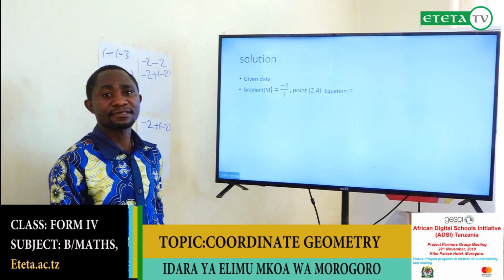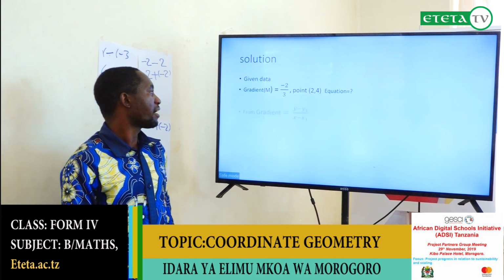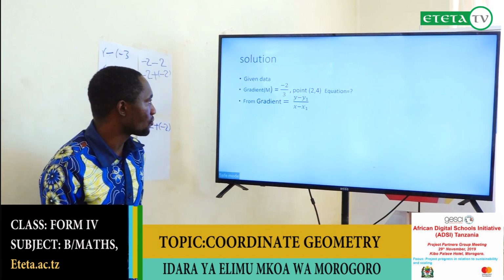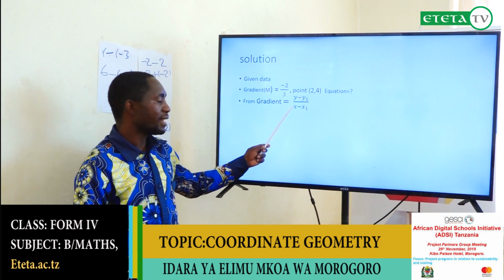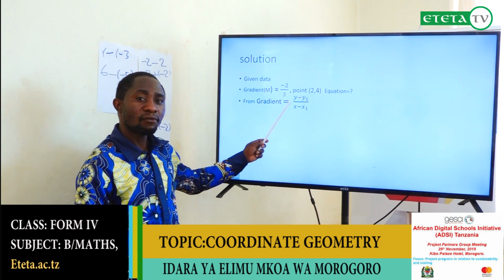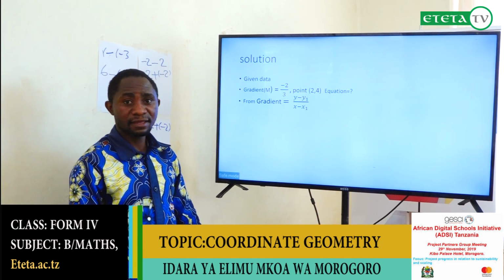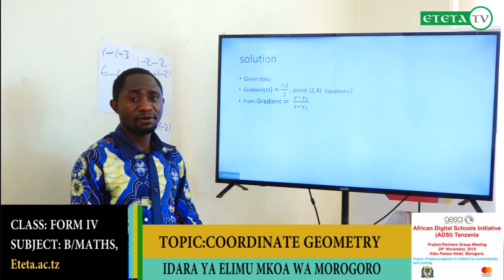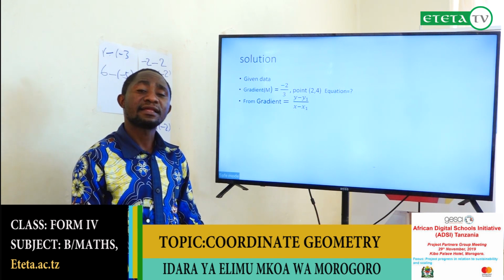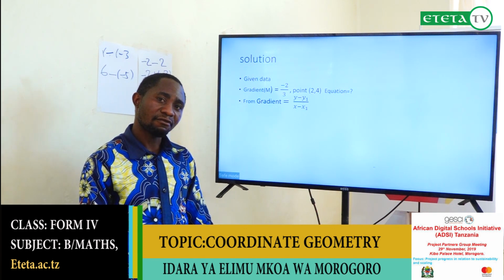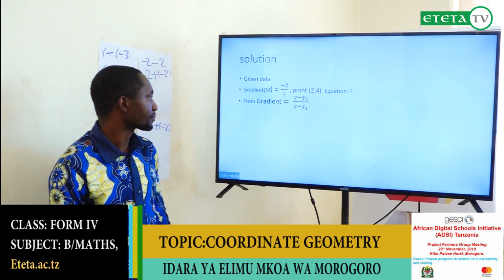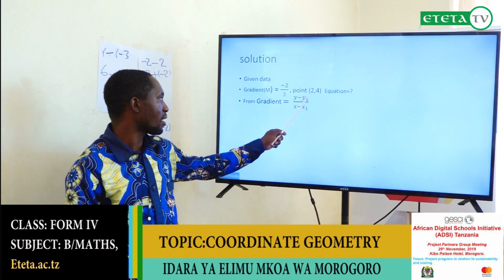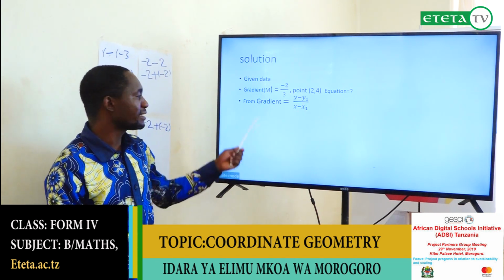Now, gradient equals y minus y1 divided by x minus x1, where the unlabeled y and the unlabeled x are the variable values of any point on the line. But the gradient we are given. The gradient obtained by the variable point and the given point is equal to the gradient given.